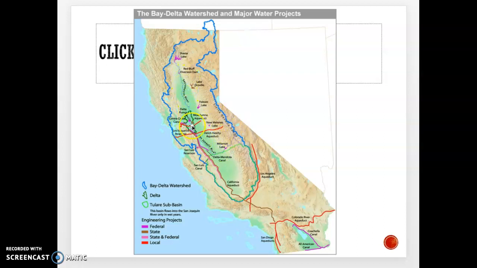There are two major rivers. The Sacramento River in the north begins up at Lake Shasta, and then we have the San Joaquin River, which actually has its head in the southern Sierra Nevada. So we have these two major rivers, one flowing south, the Sacramento River, and one flowing north. And where do they meet? Well, we're very lucky. They meet in our backyard, which is the Sacramento River Delta region.